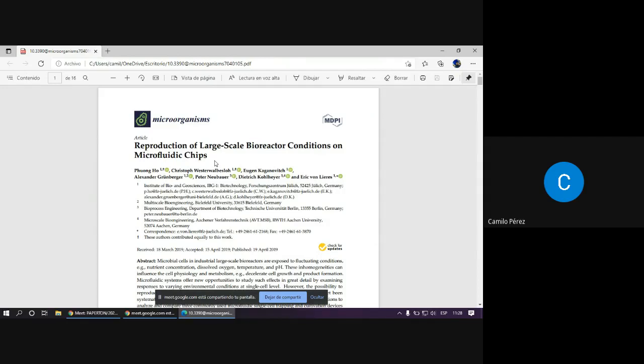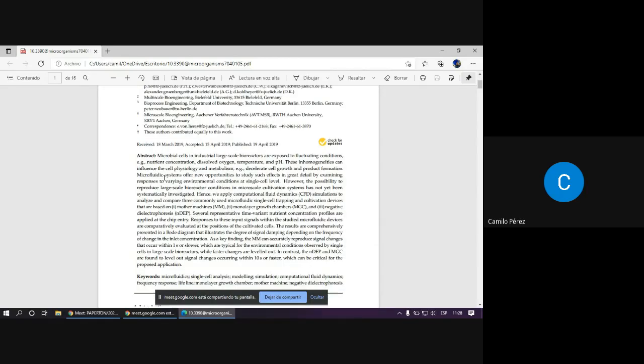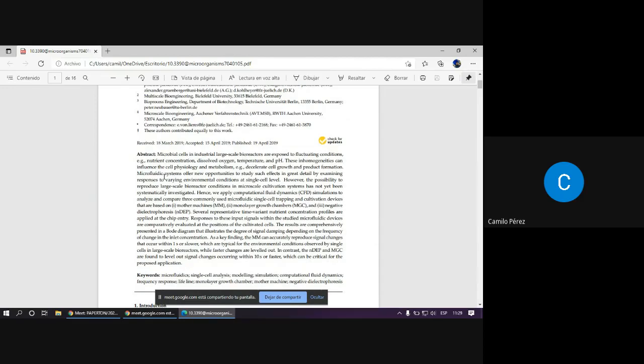It's very interesting for the title: reproduction of large scale bioreactor conditions in microchips. This is important because for cells in industrial bioreactors there are many strategies, but microfluidics is a powerful tool for the production of industrial, pharmaceutical, biological, and alimentary products.